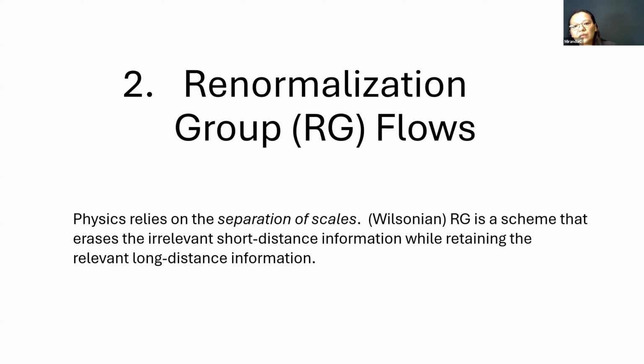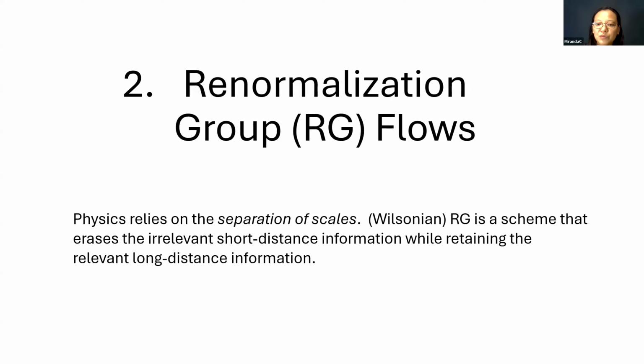Okay, so before we get into that, let's have a quick review of RG flows. Since this audience all has a background in physics, I'll be extremely brief on that. So what is an RG flow? As we all know, we can do physics thanks to the fact that there are often separations of scales in physical problems.